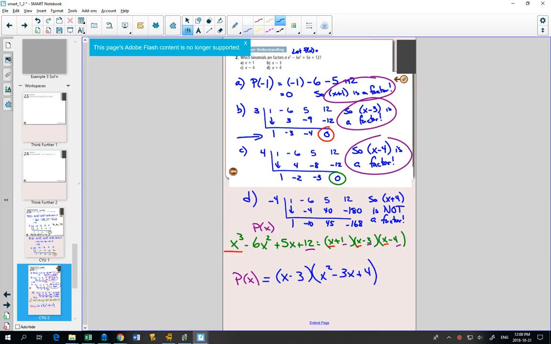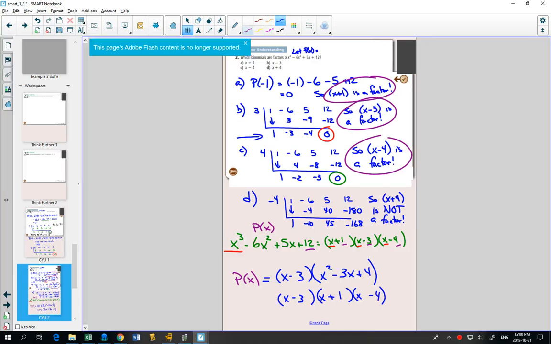And if you were asked to factor it completely, can you factor this? This is easy factoring. That's old school factoring. What's it going to be? x and x. I need to get a 4. Outside and inside make minus 3. It's got to be plus 1 and minus 4.